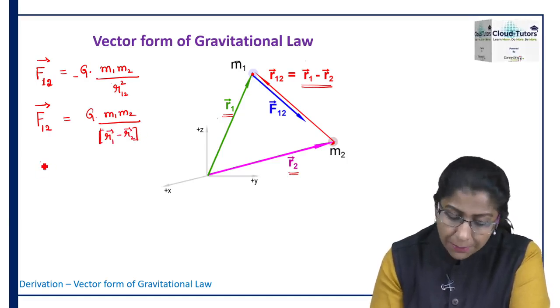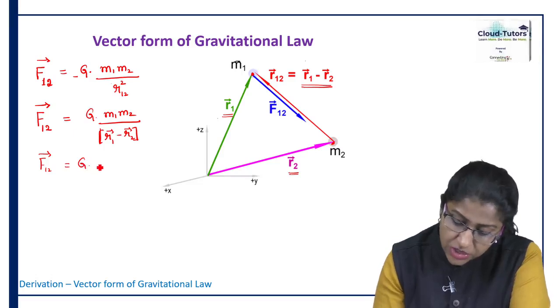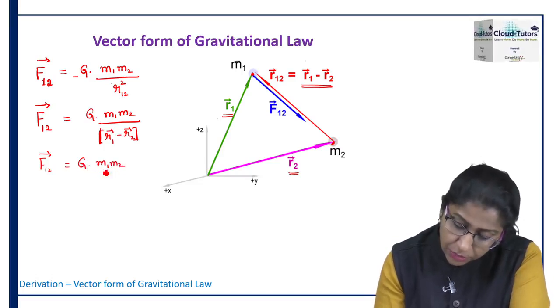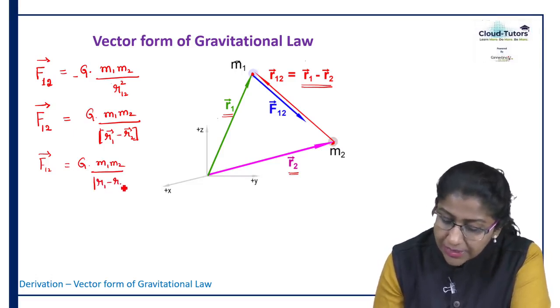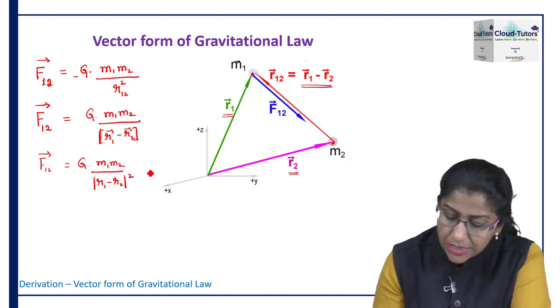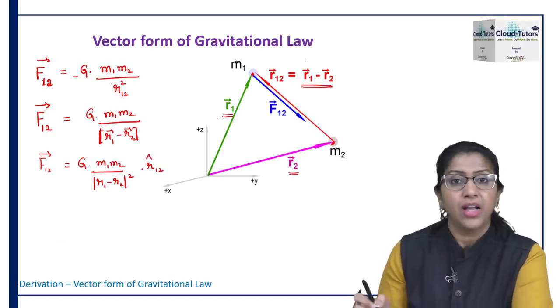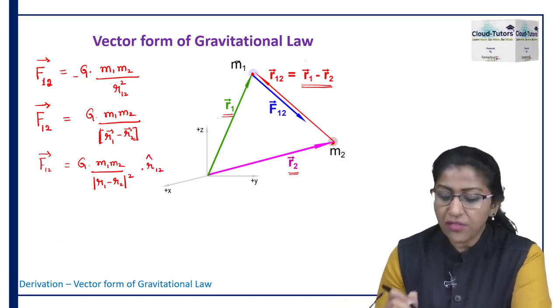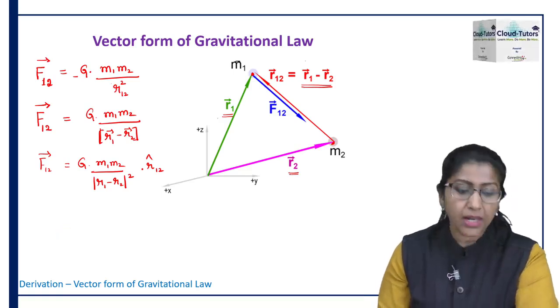So this can be further written as F12 vector is equal to G M1 M2 divided by magnitude of R1 minus R2 the whole square into R12 cap, where R12 cap is the unit vector in the direction of R12 vector.